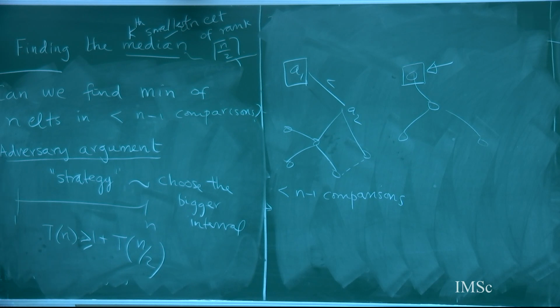Formally, what did we actually argue? Let's see what it means to say you can solve a problem in a certain f of n time. You can sort in n log n time, right? What does it mean?